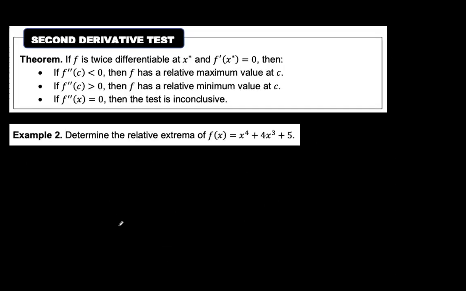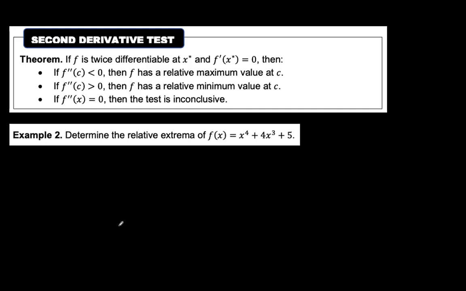Tapos may tanong pa dito, class. Sir, paano natin malalaman kung maximum siya or minimum siya kaagad-agad? Sabi dito, ang tawag dyan ay second derivative test. Oh, may gamit pala yung second derivative. Yes, meron.